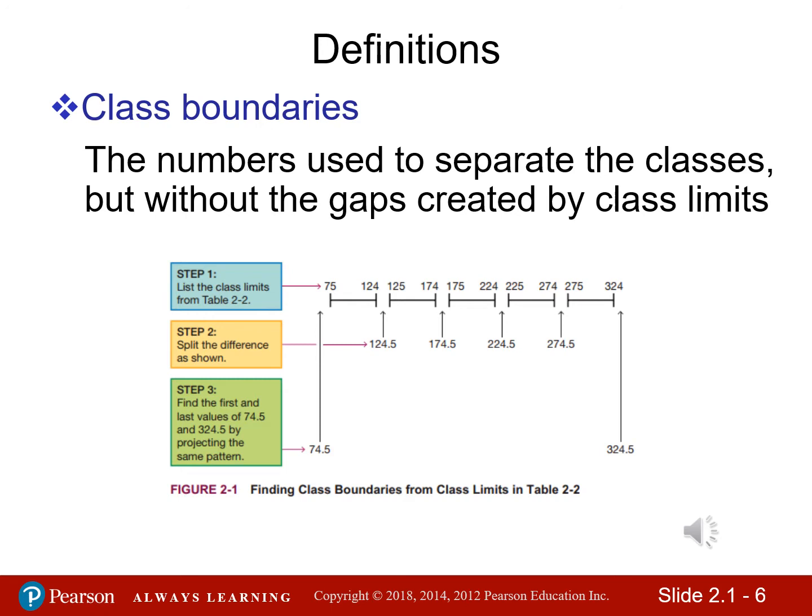In this figure, we see that the value of 124.5 is the center value between the class limit of 75 to 124 and the other class limit 125 to 174. Our lowest class boundary in this example is 74.5 and our highest boundary is 324.5.